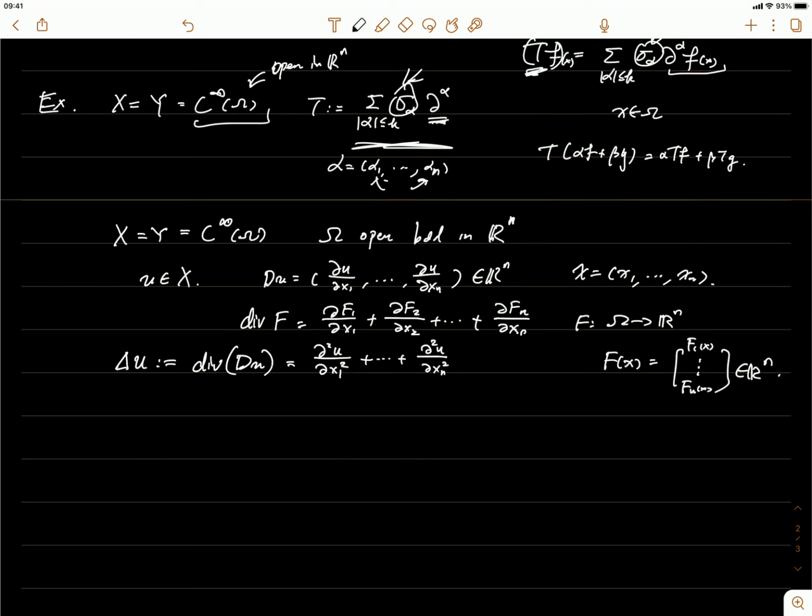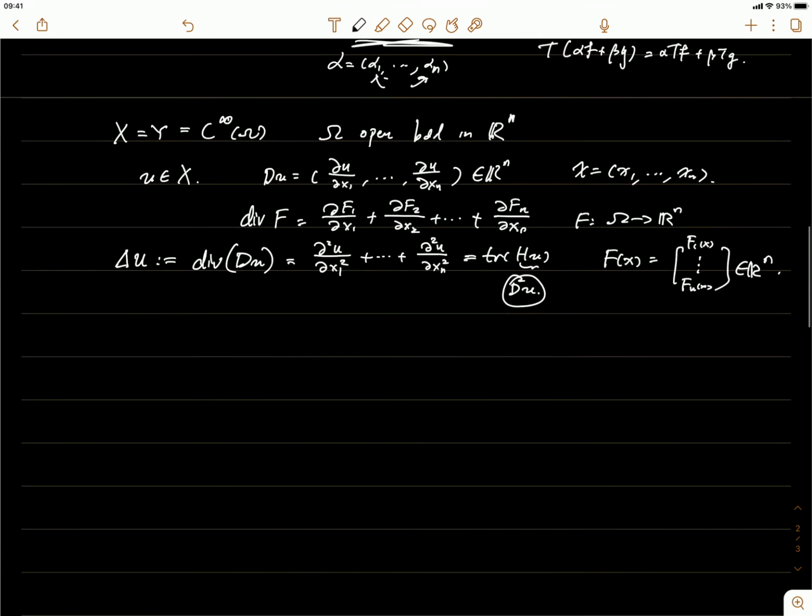Okay, and this can also be treated as the trace of the Hessian of u, because usually the Hessian is written as H of u, or this one is actually D squared u somehow. It means that you get a Hessian matrix and take the trace, which is the sum of the diagonal entries.